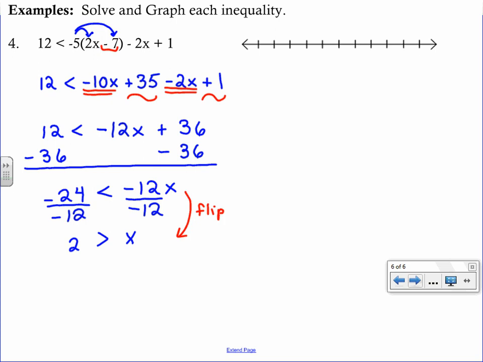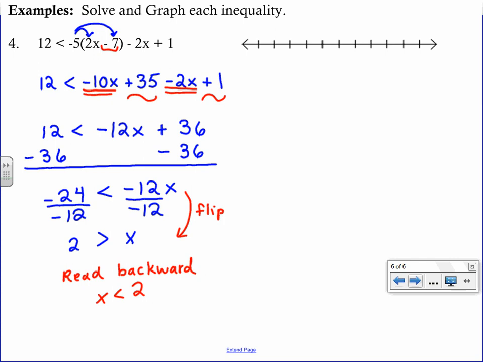So what we're going to do next is read this backward. We are not flipping anything because of the negative rule. We just always want our variable on the left-hand side. So now I'm going to read it backwards, and if I read from right to left, it says x is less than 2.